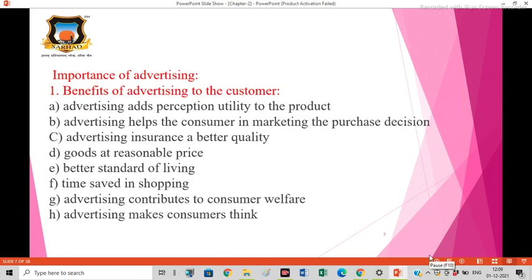See the importance of advertising. Advertising is useful to the consumer. Advertising is beneficial to the manufacturer.